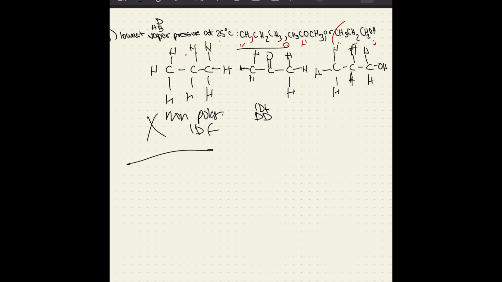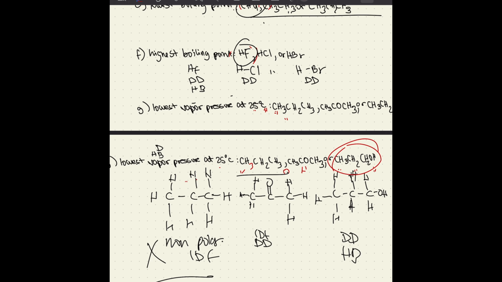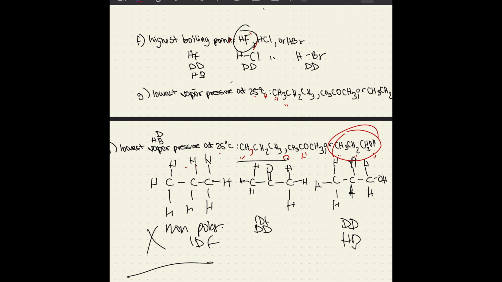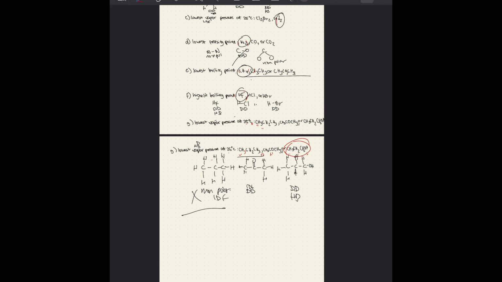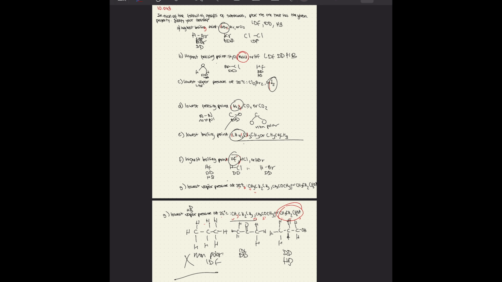It has a dipole and also has hydrogen bonding, so it's going to be this one. It has the hydrogen bonding, like HF. Okay, so that's it for the first question.